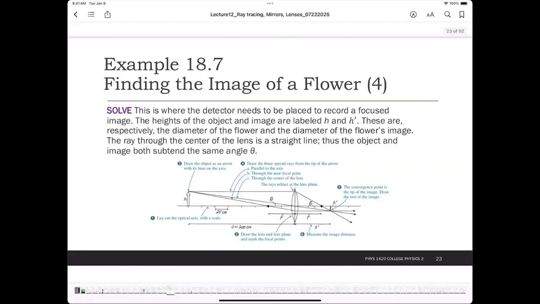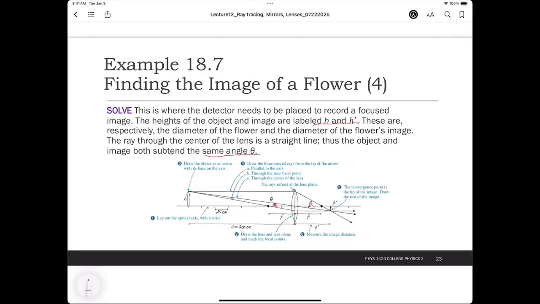And this is where the detector needs to be placed to record a focused image. The height of the object and the image are labeled h and h'. These are respectively the diameter of the flower and the diameter of the flower's image. The ray through the center of the lens is a straight line. Thus, the object and the image both subtend the same angle theta. You can see here this is theta and this is theta.